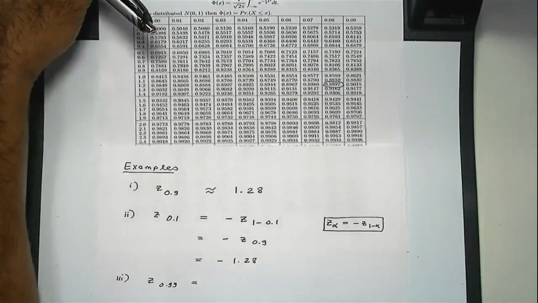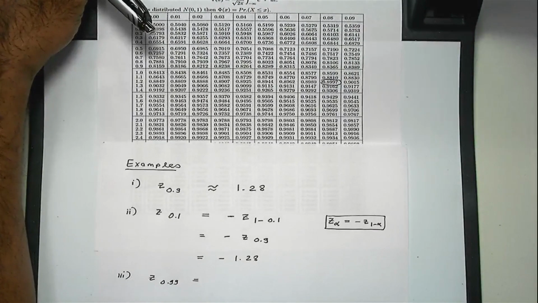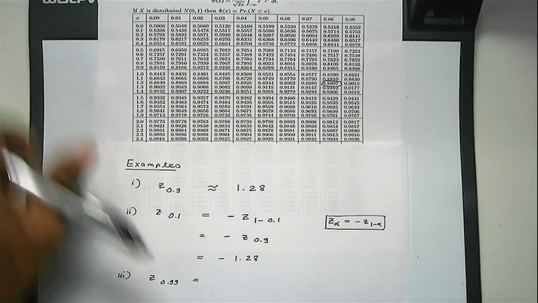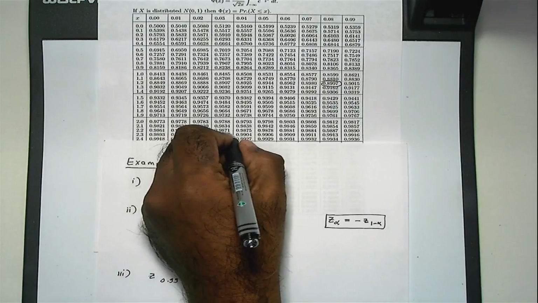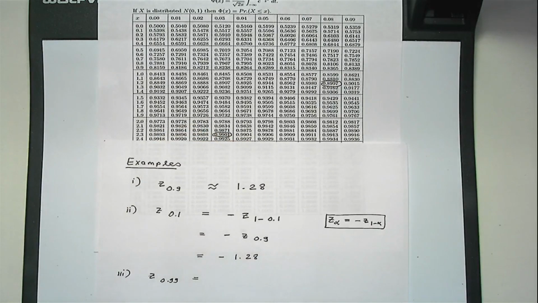So the closest you can get to 0.99 is this one here. Okay, all right, and the corresponding value is 2.33. All right, so this is approximately equal to this.